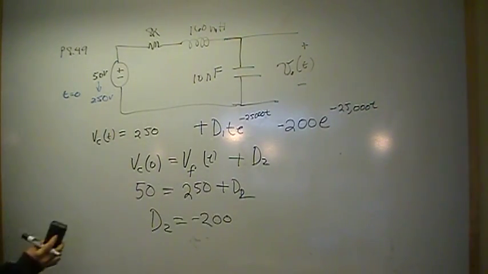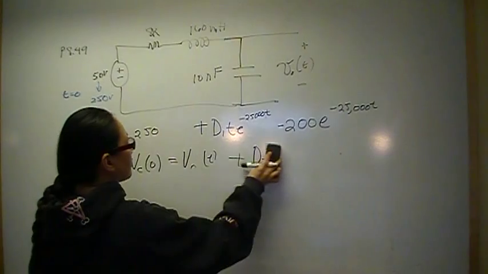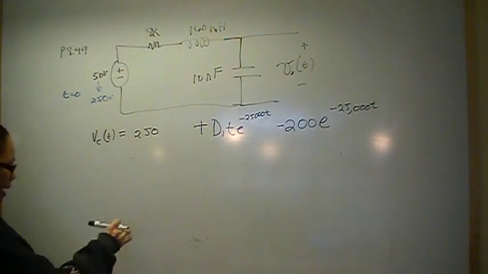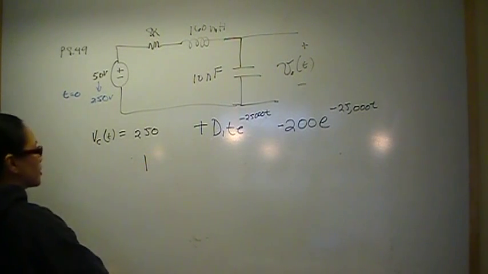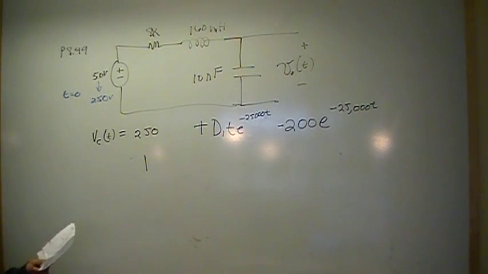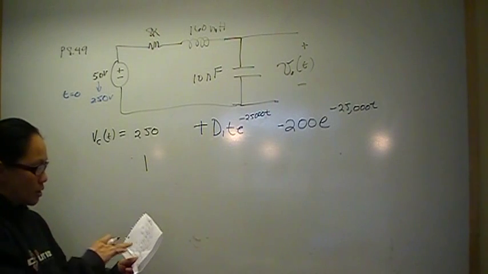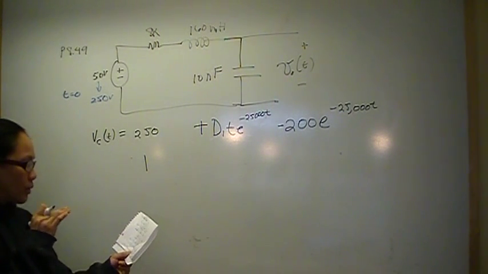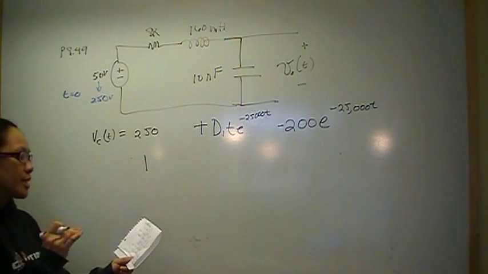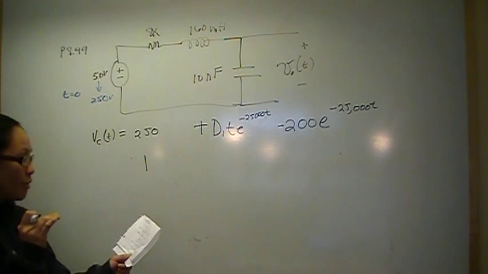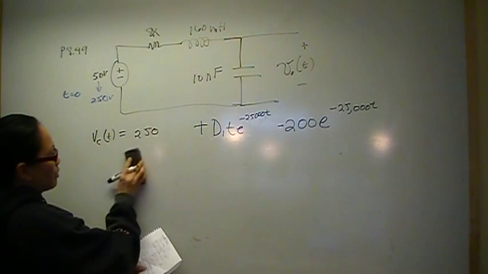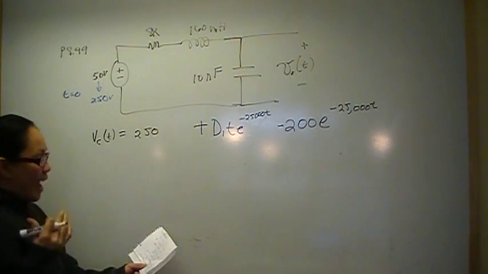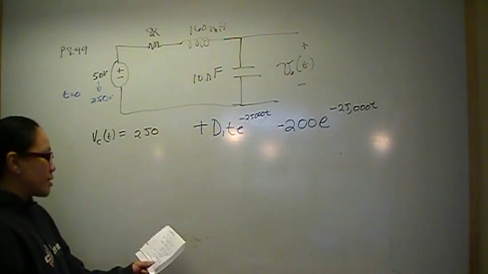Okay, now all that's left is to find D1. And for D1, we have the coefficient equation that says dx/dt of 0 is equal to D1 prime minus alpha D2. That is how we're going to find our D1 prime. The x is whatever we're looking for, in this case the capacitor.